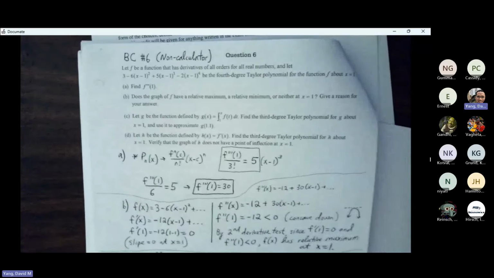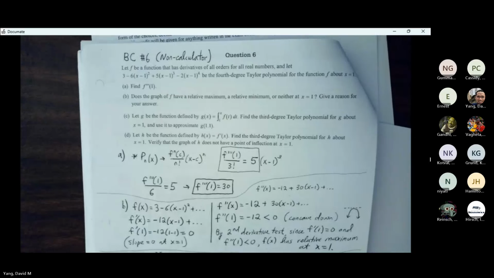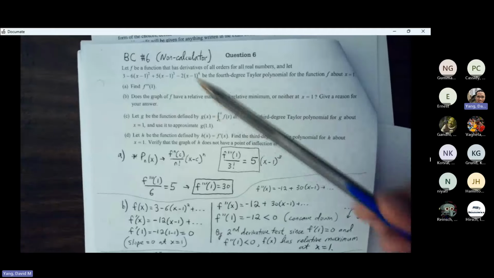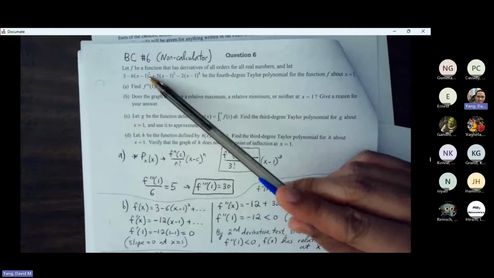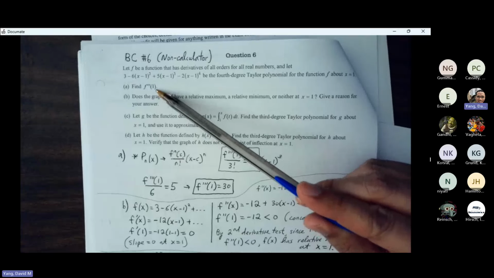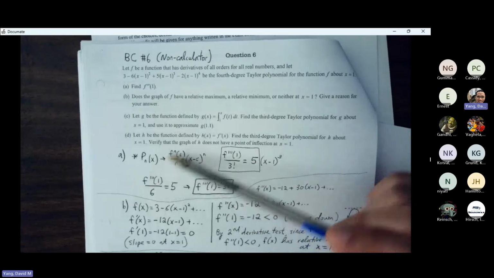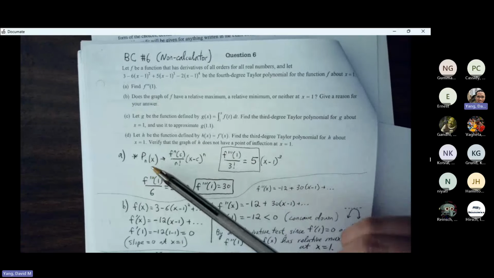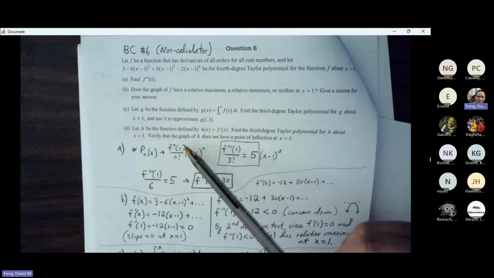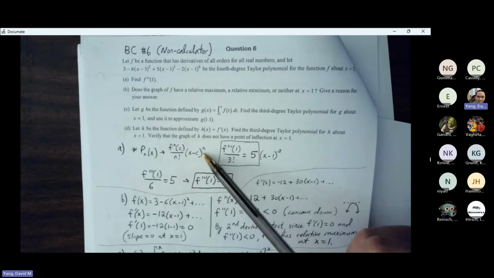Okay, PC6. So we have our Taylor polynomial, fourth degree: 3 minus 6x squared, 5x cubed, 2x to the fourth. Find the third derivative at 1. Now, I'm just going to remind us what our Taylor polynomial series formula looks like. It's the nth derivative evaluated at c over n factorial times x minus c to the nth.